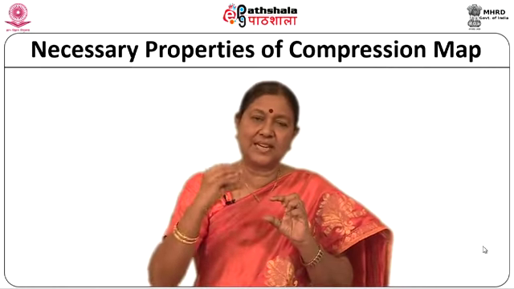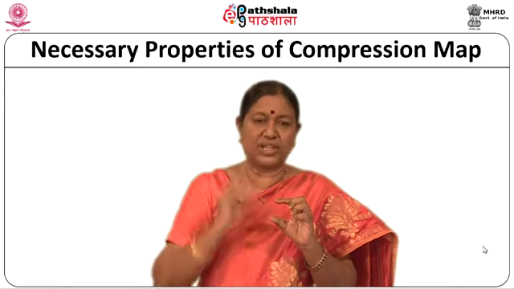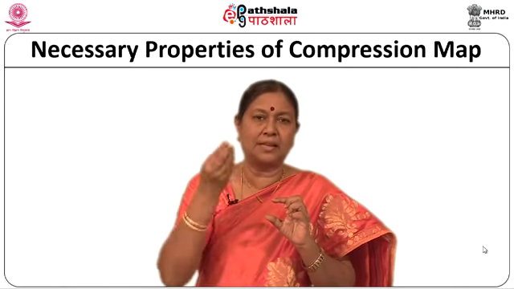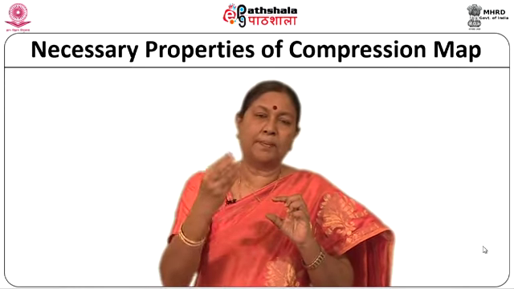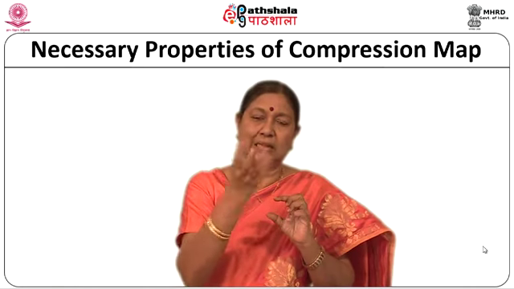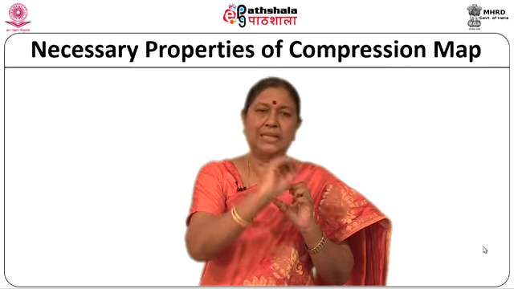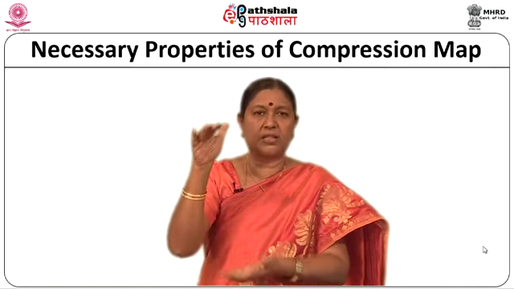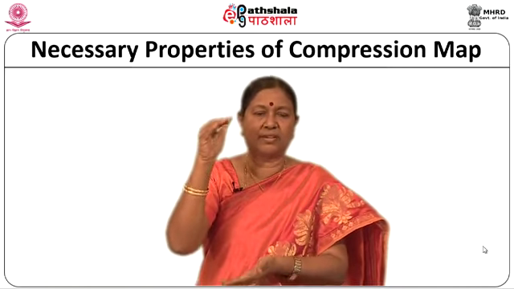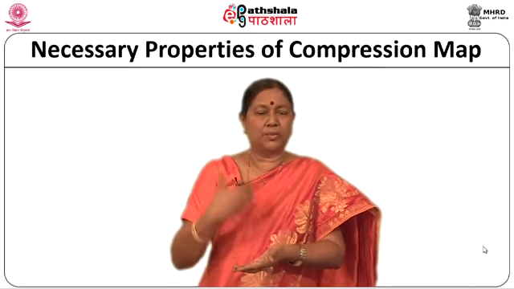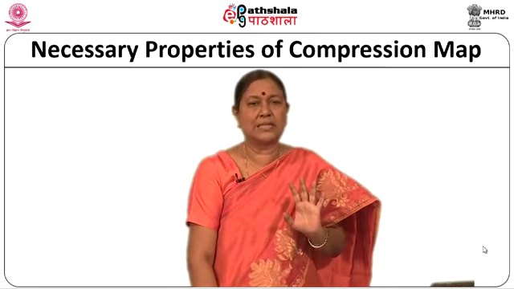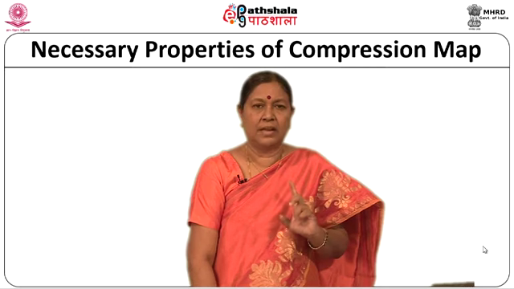Remember, the hash function consists of two components, one is the hash code map and the other is the compression map. The hash code map maps the hash key values to integers, and the compression map maps those integers into the range 0 to n minus 1, where n is the size of the hash table.